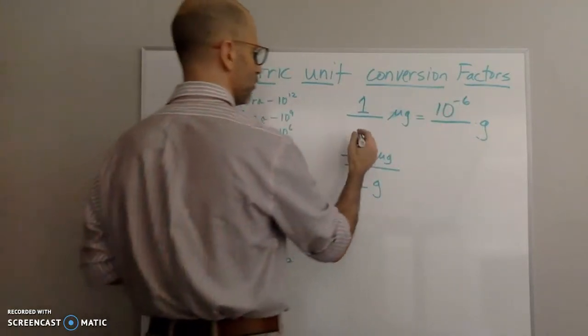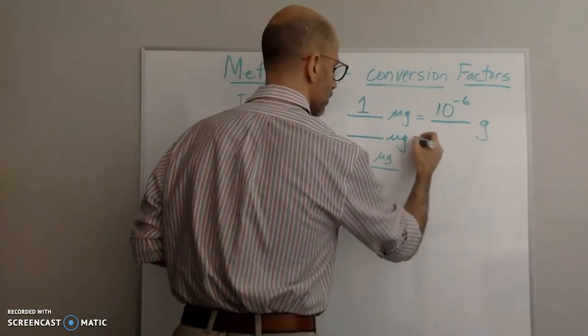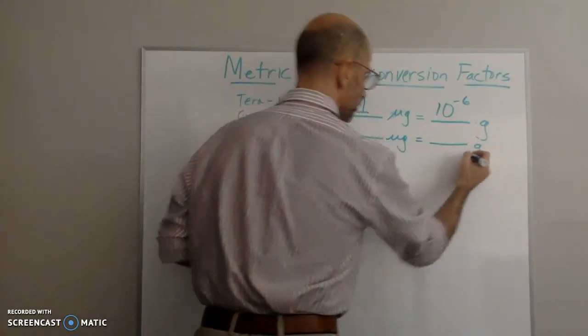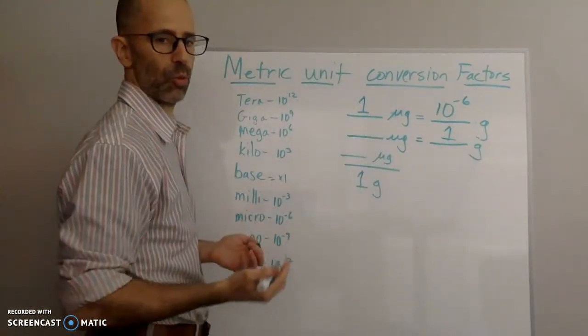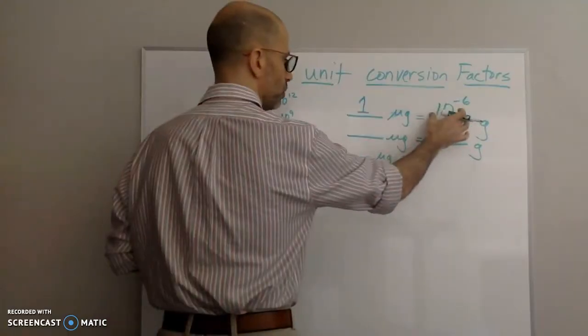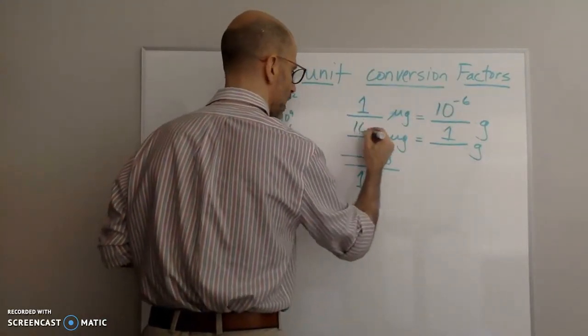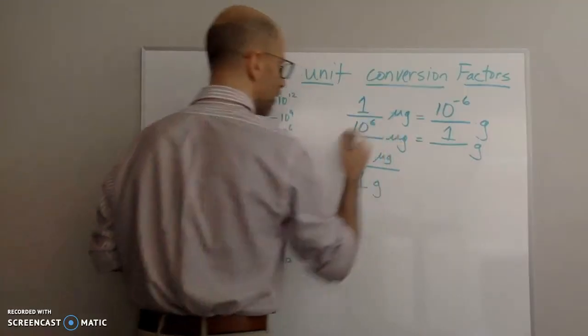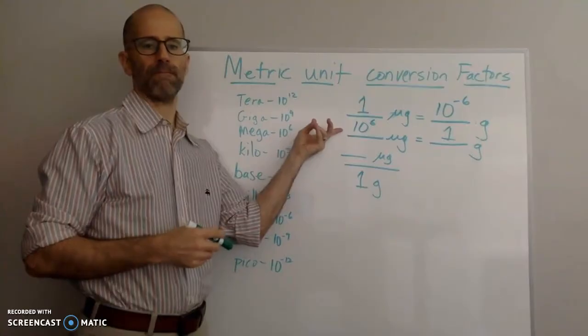So in this case, if I have micrograms equal to grams, and you want to put the 1 there, you can put the prefix multiplier on this side, but you need to change the sign. So it's not going to be 10 to the negative 6, but 10 to the 6. So this would be true as well, right?